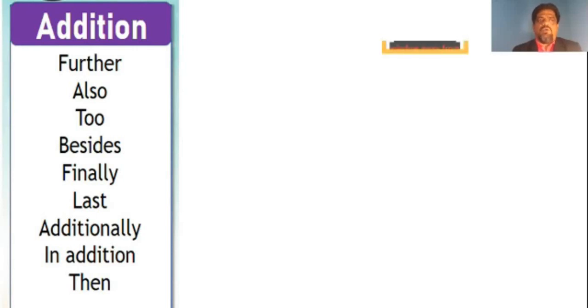Further, also, to decide, finally, last, especially when we write speeches or essays. These words are most important to make sentences follow one after another. These are the conjunctions used instead of the words in addition to. Already we have seen it.